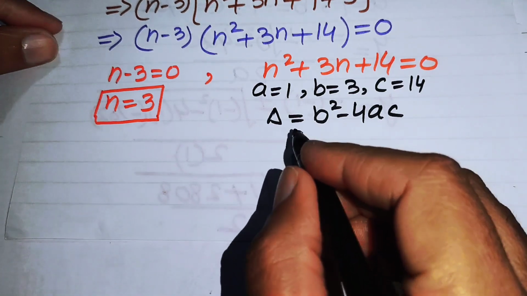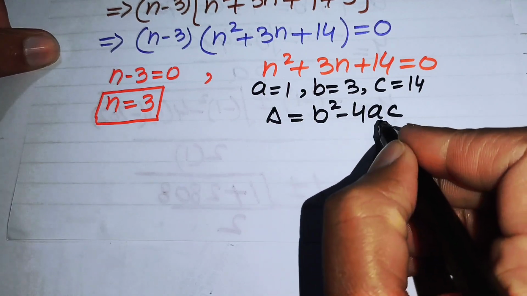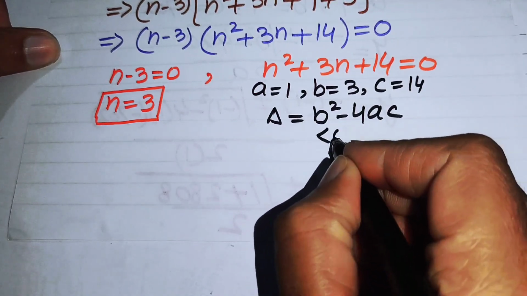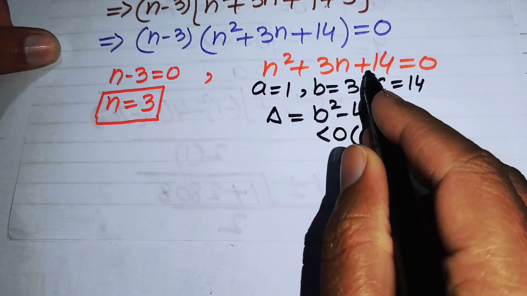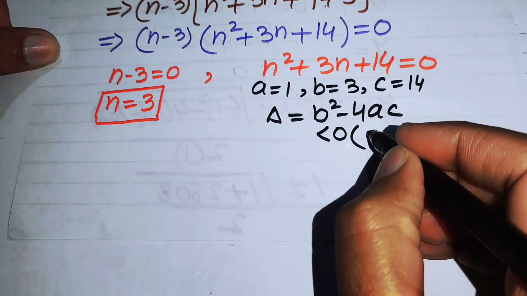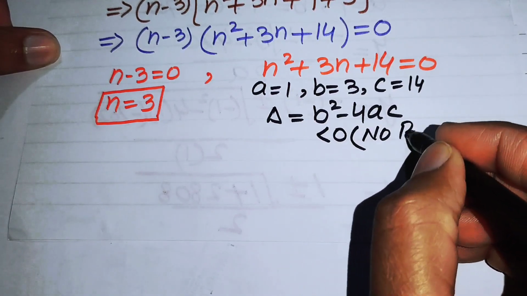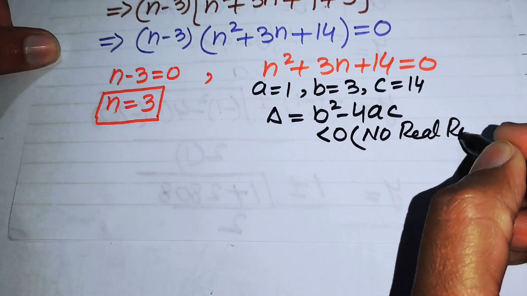So if the value of this delta is less than 0, then we say that this quadratic equation has no real root.